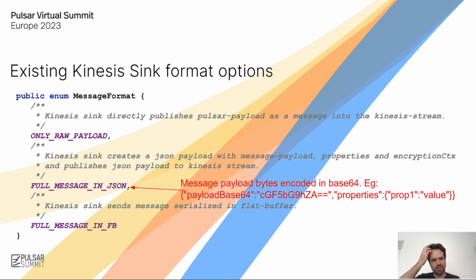There was also the possibility to have the full message in JSON, but it was a JSON structure containing the payload and the properties, where the payload was still the raw bytes encoded into base 64. There was also a possibility to do the same with FlatBuffers.